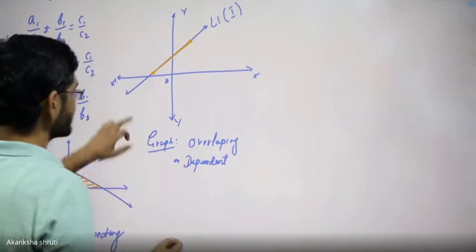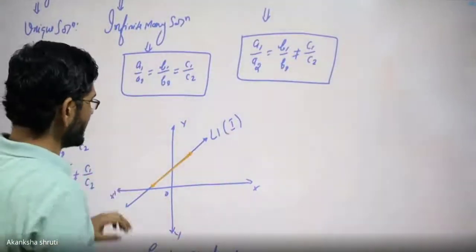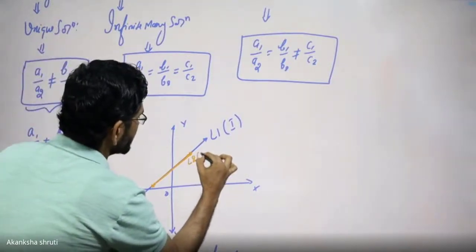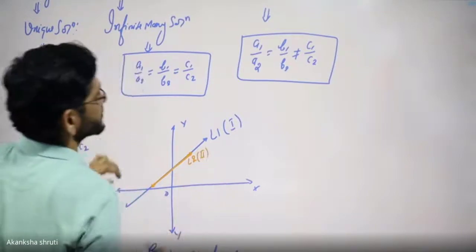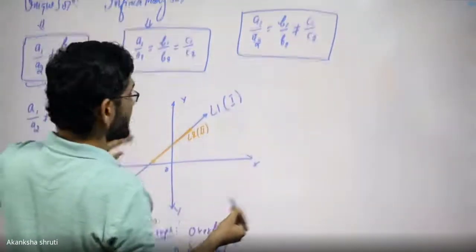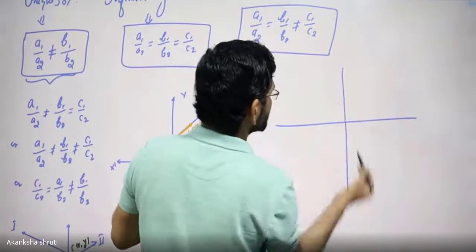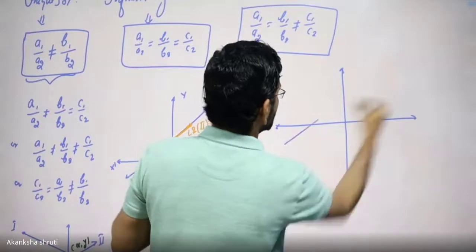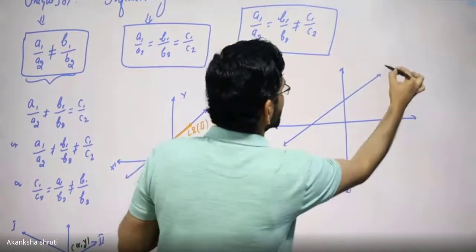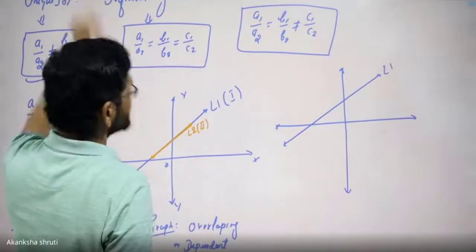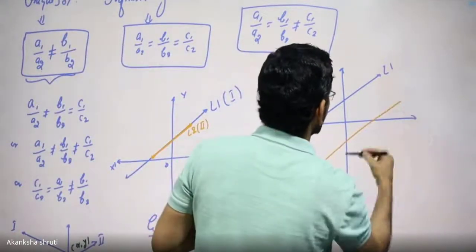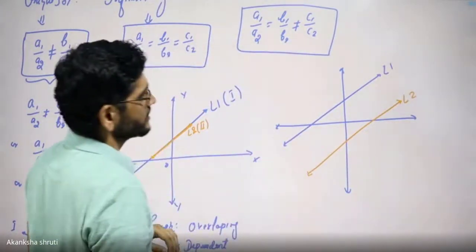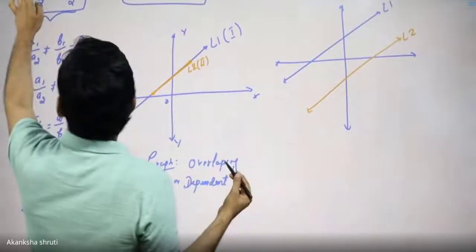It is this. But if we draw the graph of this one, here the yellow line represents line 2, the graph for the second equation. But if we consider the third one, if one line is this one as line 1, then if we draw the other line, you will get that the other line will surely be parallel to this one. This is your line 2. Okay, students? So the graphs are parallel.